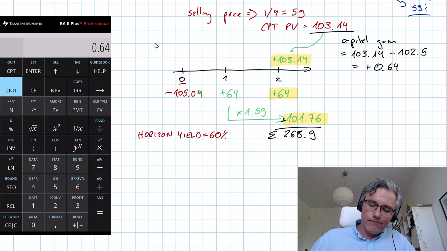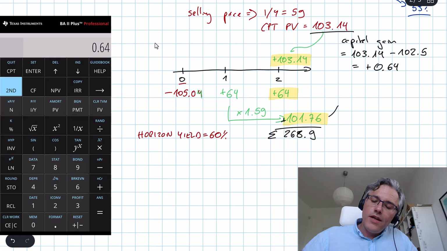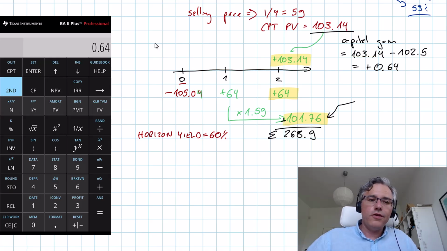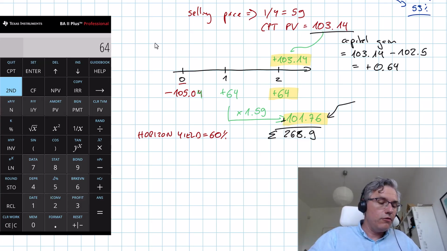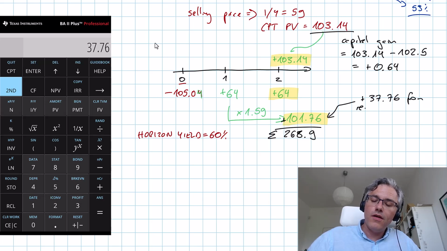However, the reinvestment of that first year coupon, how much did that give? 101.76, that's the value after one additional year, minus the original coupon size 64, that gives 37.76 from reinvestment of coupon number 1.